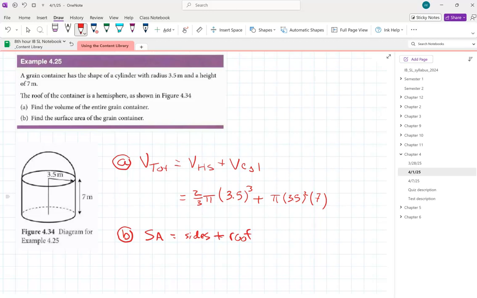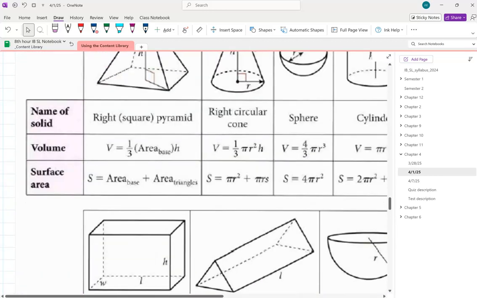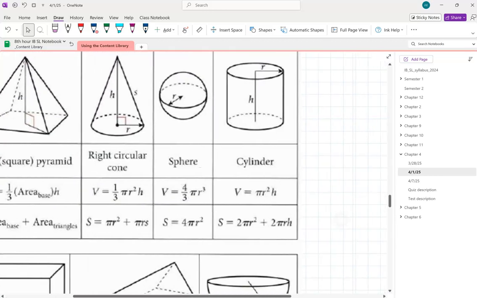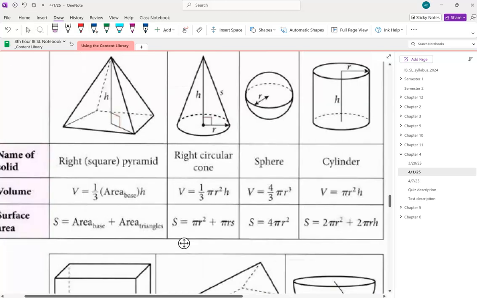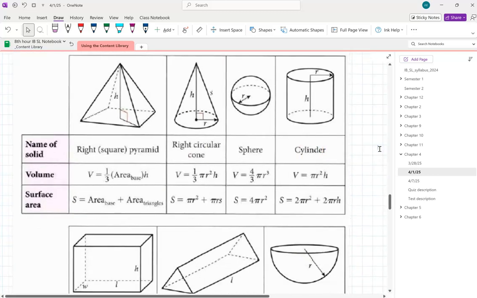So if we look at our formulas for surface area, the cylinder's surface area formula is 2 pi r squared plus 2 pi r h. The 2 pi r squared part is for the top and bottom of the cylinder.